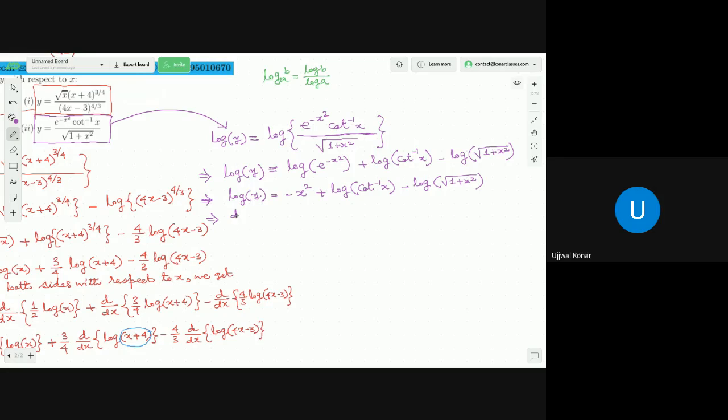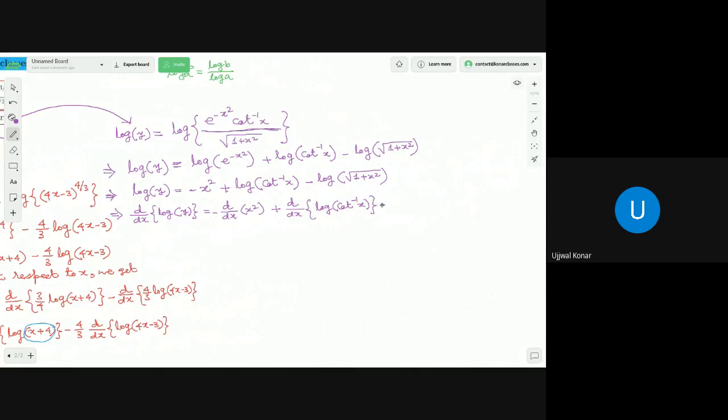What we'll get? d/dx of log y is equal to, in fact, I can write minus d/dx of x square, plus d/dx of log of cot inverse x, correct?